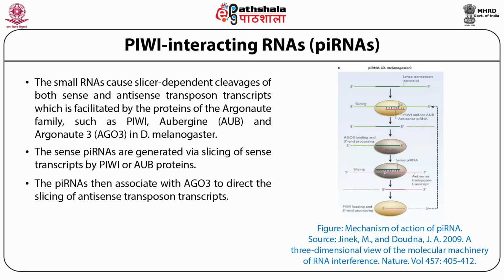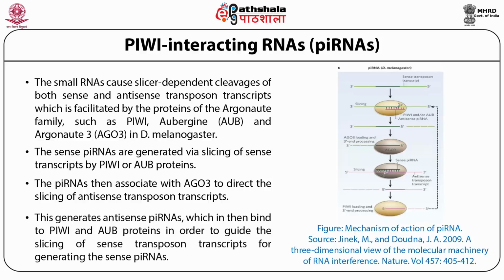The piRNAs then associate with AGO3 to direct the slicing of antisense transposon transcripts. This generates antisense piRNAs, which in turn bind to PIWI and AUB proteins in order to guide the slicing of sense transposon transcripts for generating the sense piRNAs. And this process continues. We will now talk about the pathways that are involved in RNA-induced gene silencing.